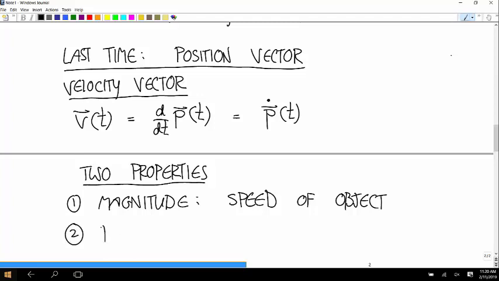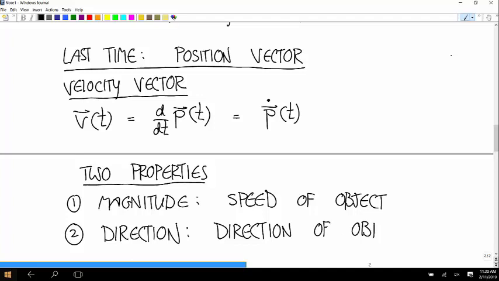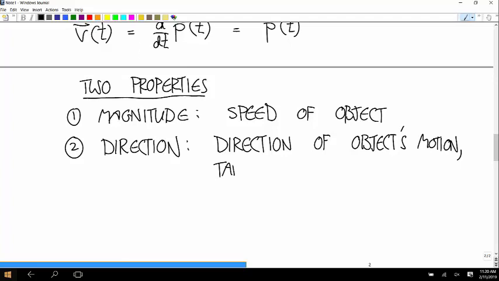And its direction is the direction of the object's motion, and that's tangent to its path.